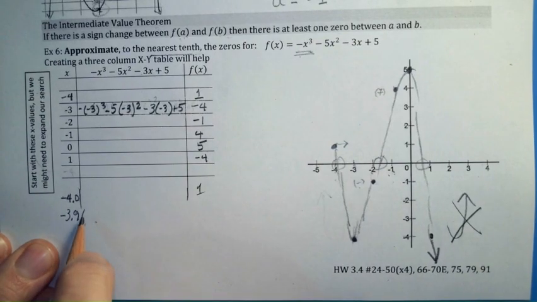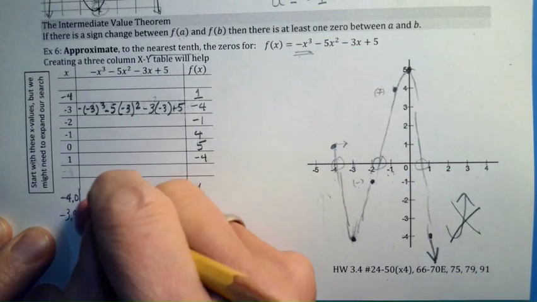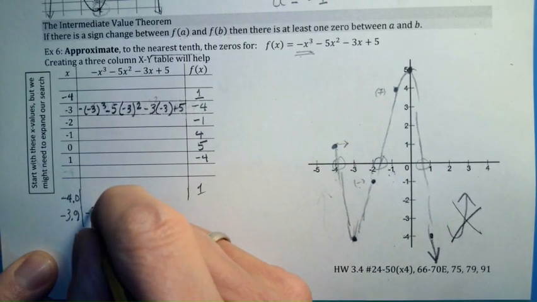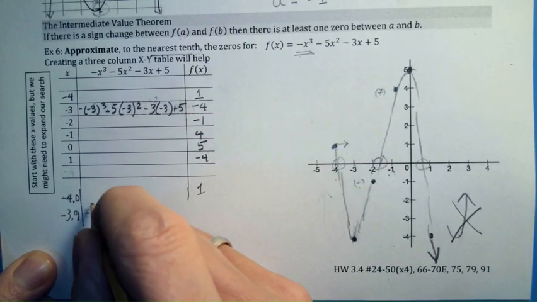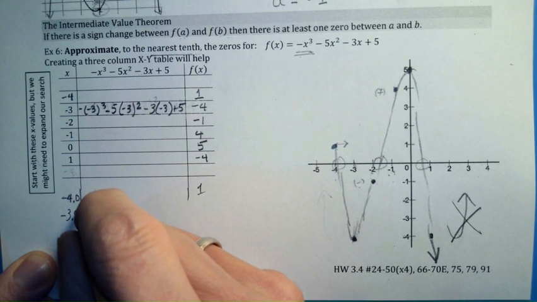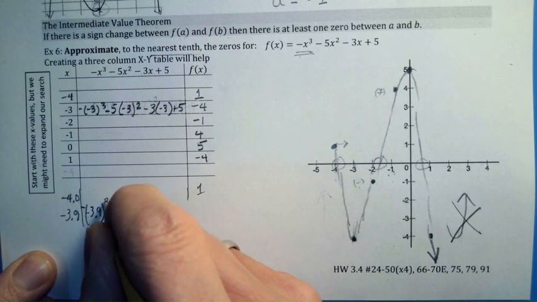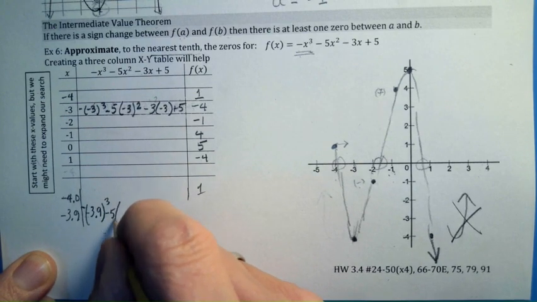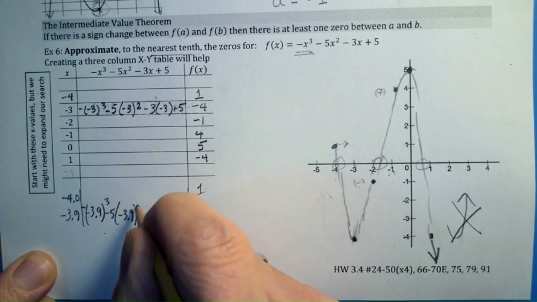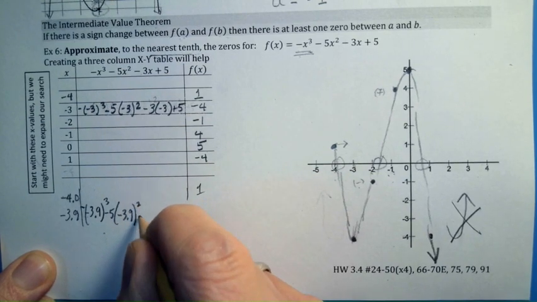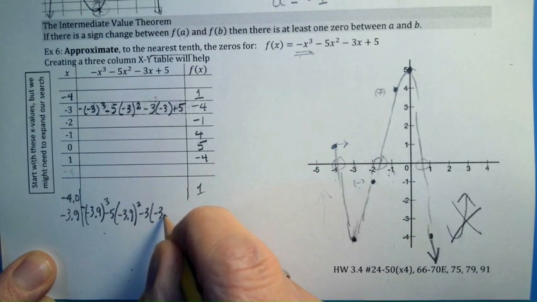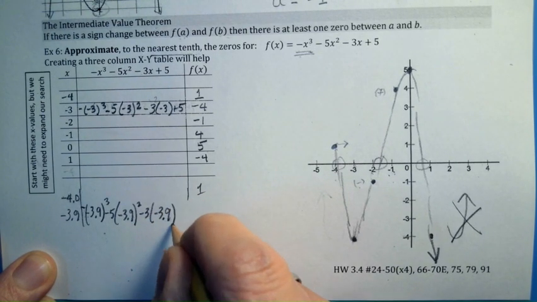Okay, and now at this point, I think it's probably best if we type it all again. So we have negative, -3.9, with a negative out in front of that, cubed, minus 5 times -3.9 squared, minus 3 times -3.9, plus 5.